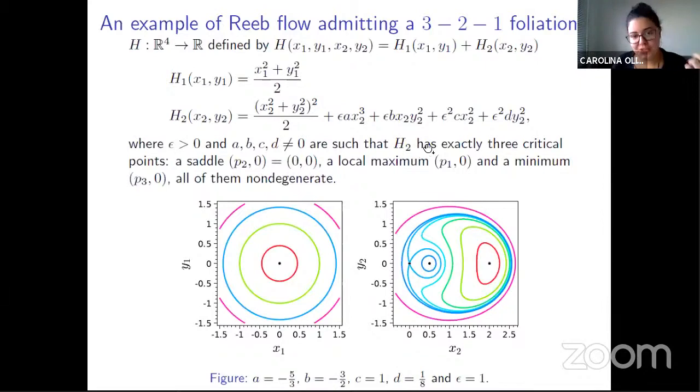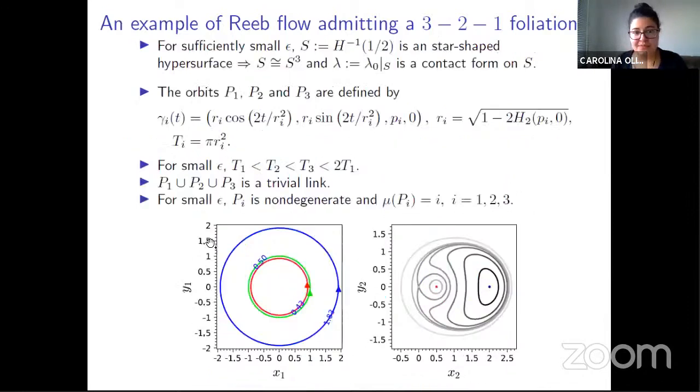And we can choose A, B, C, and D so that all of them are non-degenerate. So this will define our Reeb flow. And we can check that if you take epsilon small enough, the energy level 1/2 is a regular energy level and it's a star-shaped hypersurface.